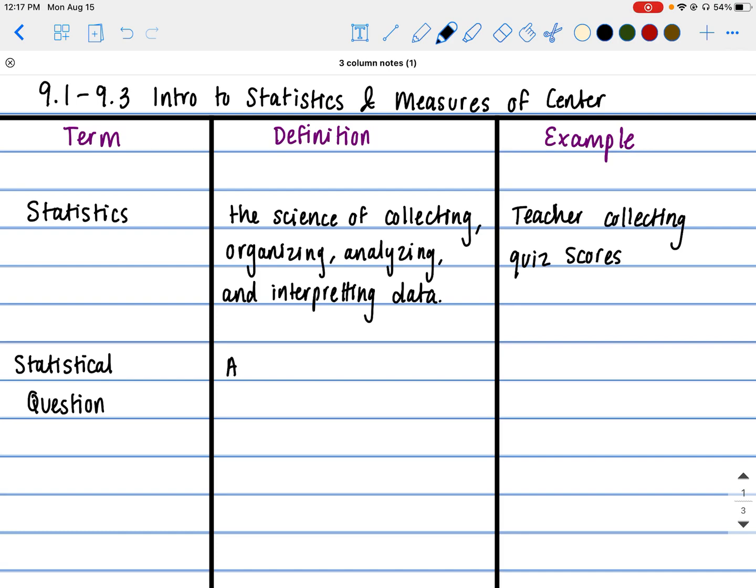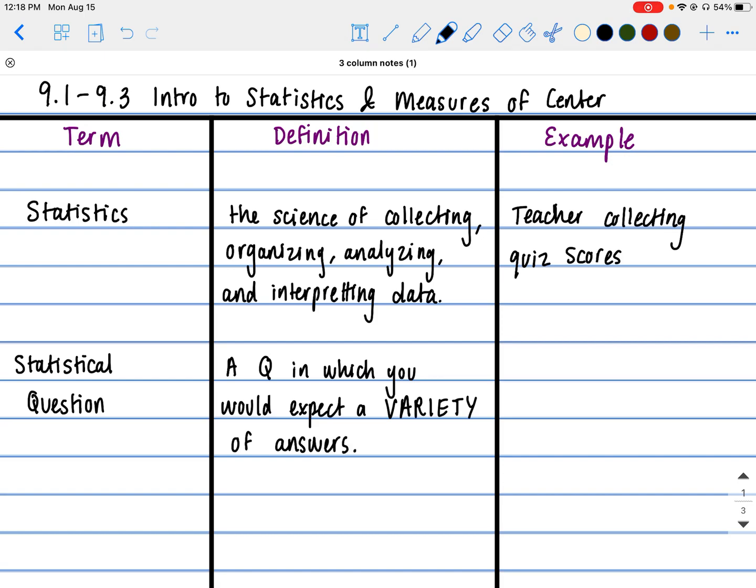And sometimes when I take notes, I abbreviate a little bit, so I'm just going to put a Q for a question. A question in which you would expect a variety of answers. And I want to put variety in all caps because that's a really important part of this definition.